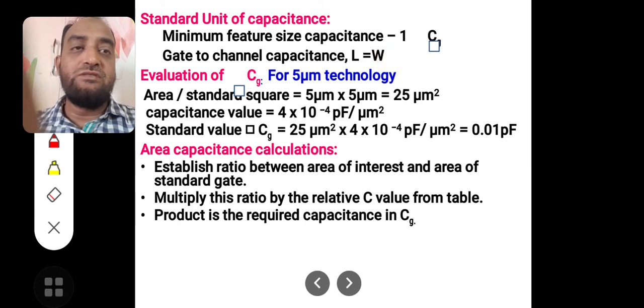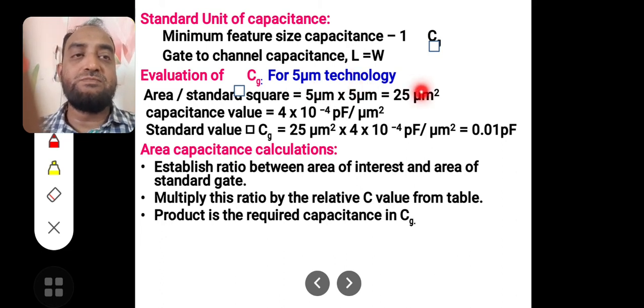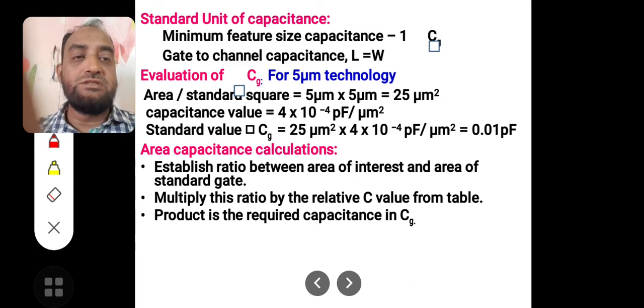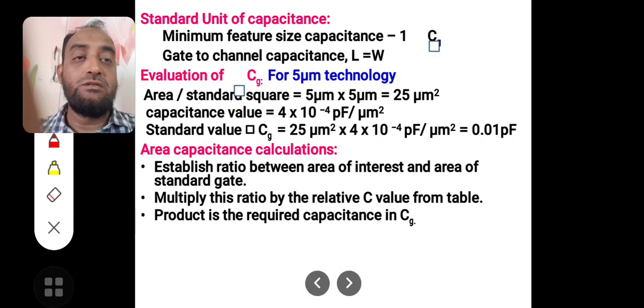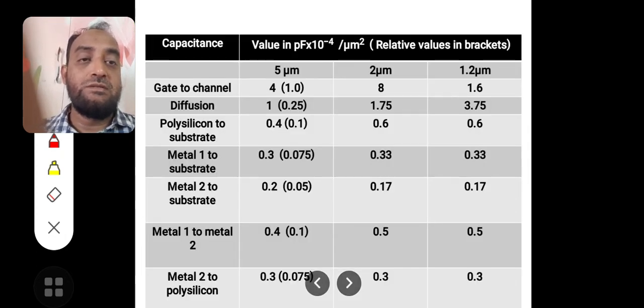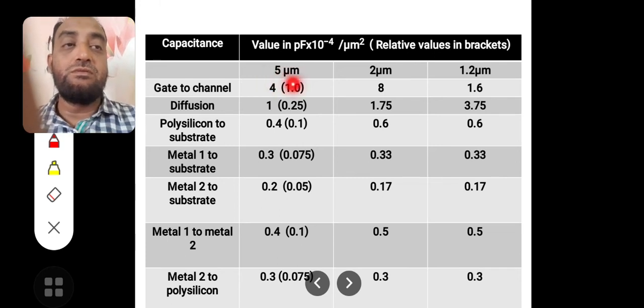For example, if this is a 5 micrometer technology, L into W will be 5 micrometer into 5 micrometer, which is 25 micrometer square. The capacitance value is 4 × 10^-4 picofarads. All these are values in picofarad.